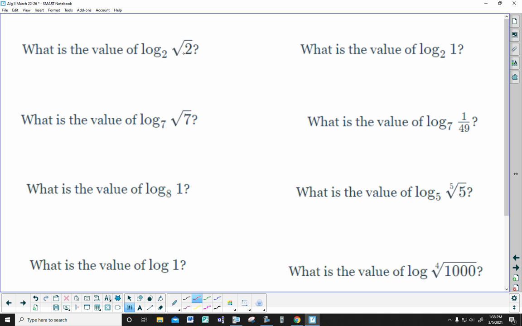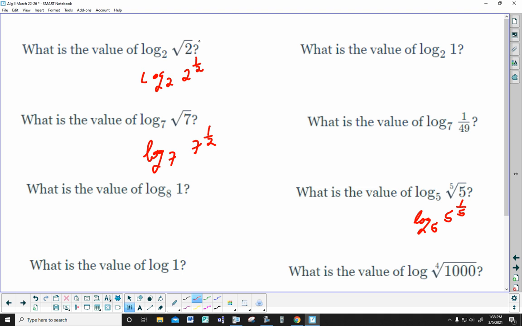Okay, now you've got to remember about fractional exponents. This is the same thing as 2 to the 1/2 power. Remember that? Square roots are a half power. So we haven't answered it yet, but I'm going to write this one: log base 7 of 7 to the 1/2. If it's a 5th root, log base 5 of 5 to the 1/5.